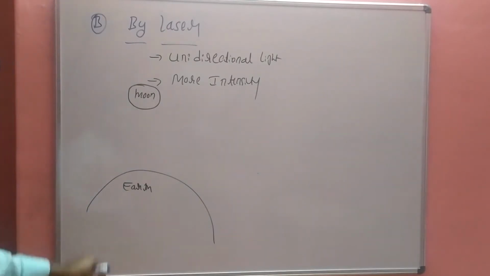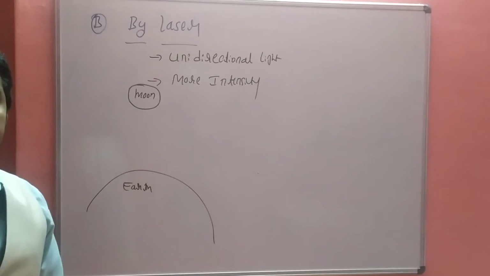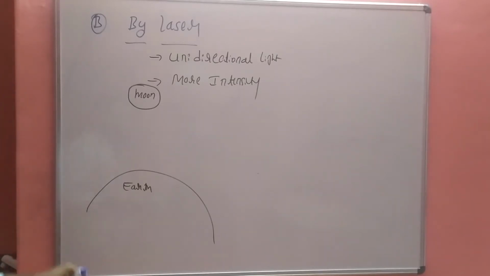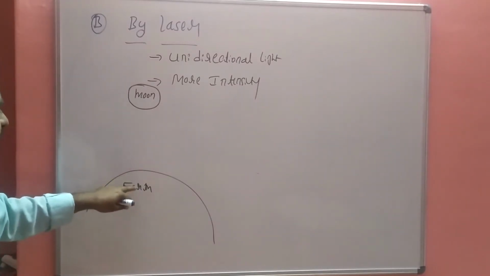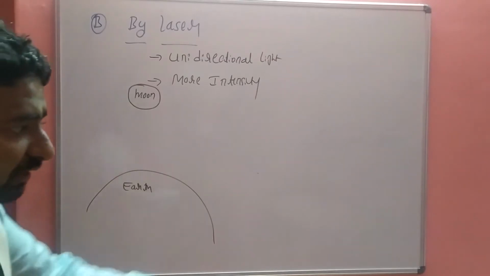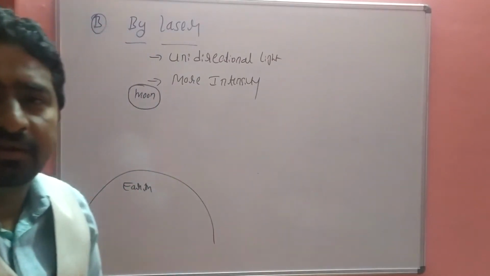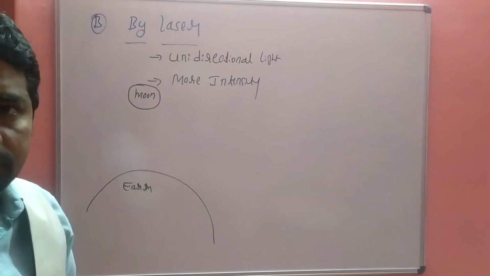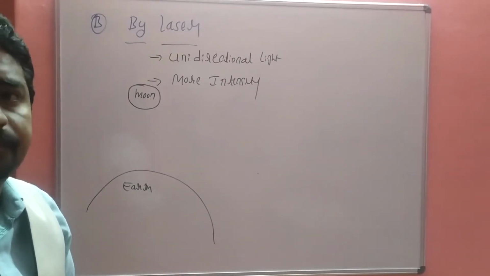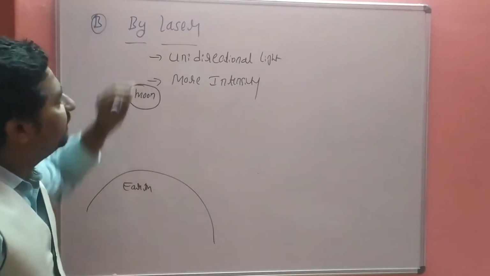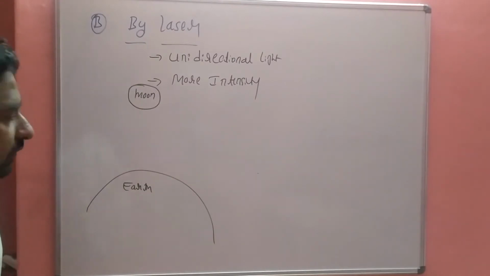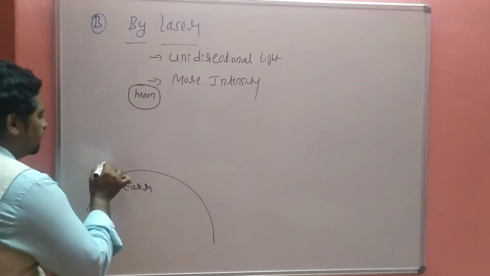So, earth to the moon. Can you find the length between the earth and the moon by using a scale or a tape? Not possible. By the laser light method, take the laser light.